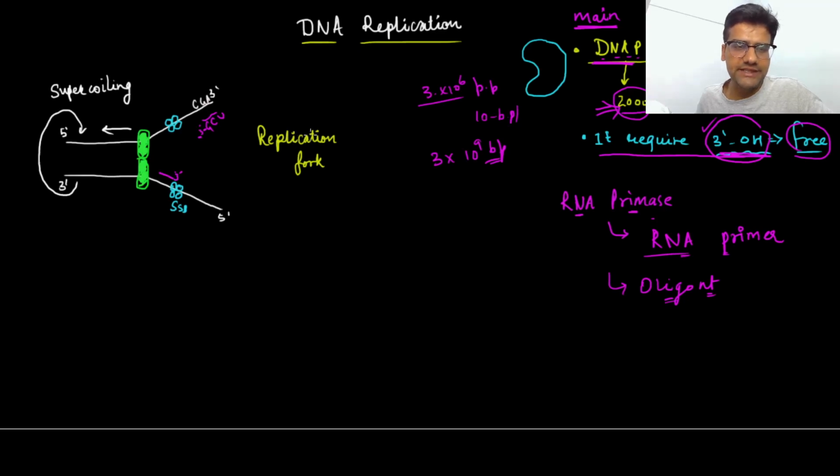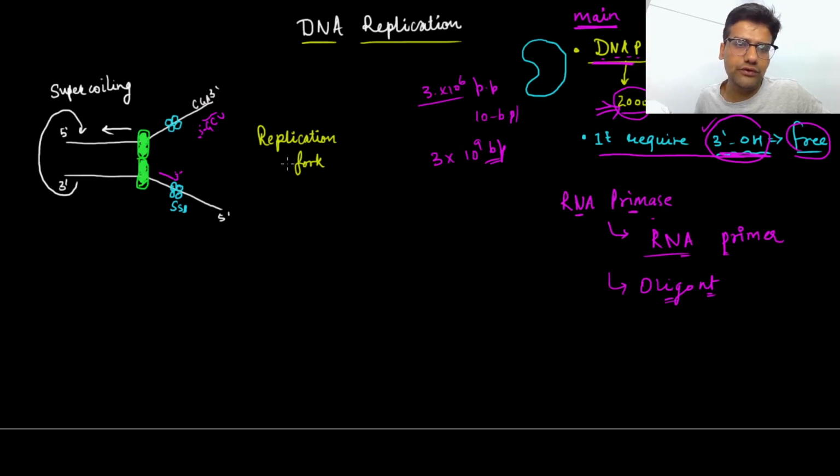These 3' ends are not free. This is circular DNA, and we are taking only this part. There is more DNA to come and more DNA to replicate. So these ends are absolutely not free.